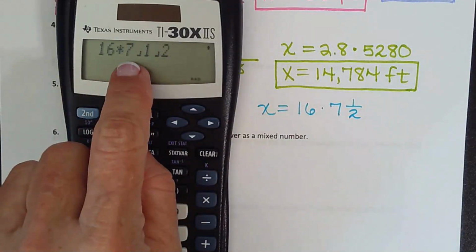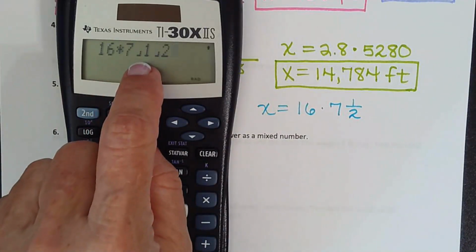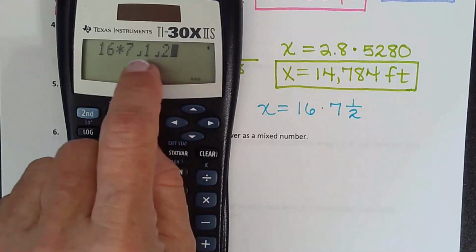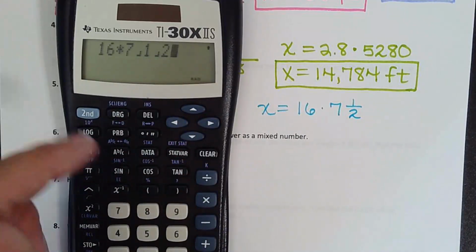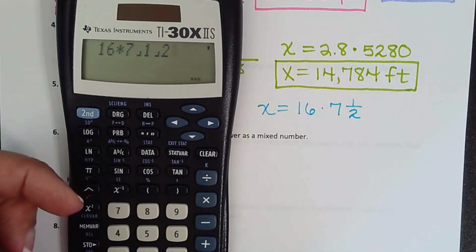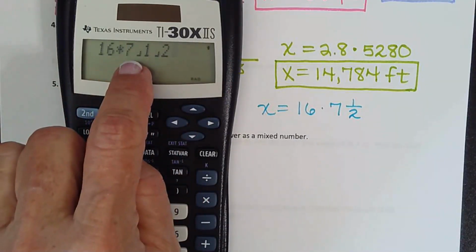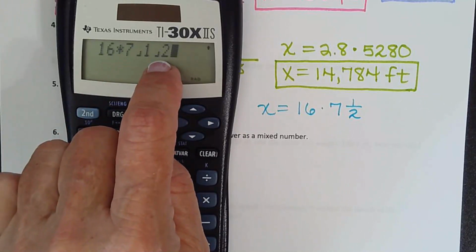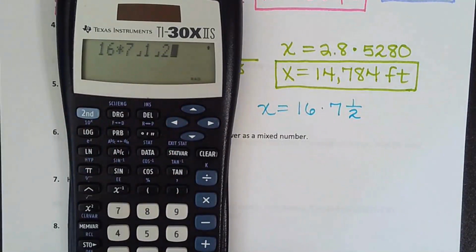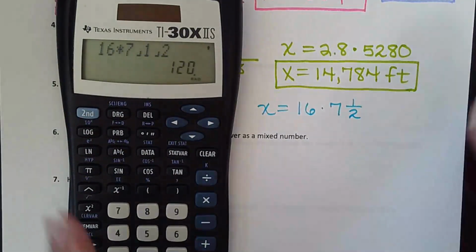You need something to keep the whole number away from the fraction. So that's how this calculator is set up, to just hit the fraction bar twice in between each number so it knows this is the whole number and this is the fraction. Hit enter and the calculator does its magic. 120.